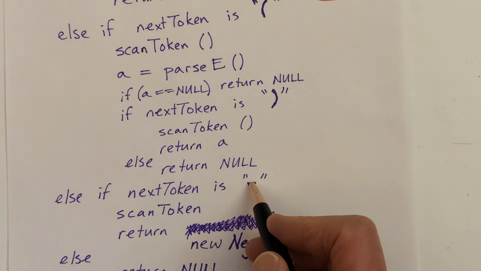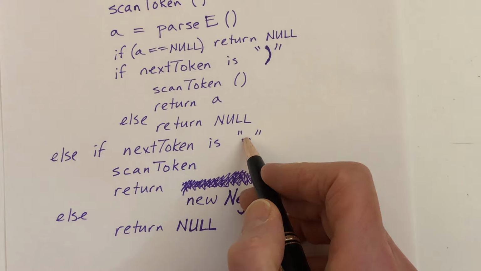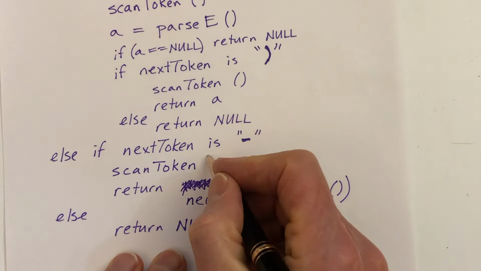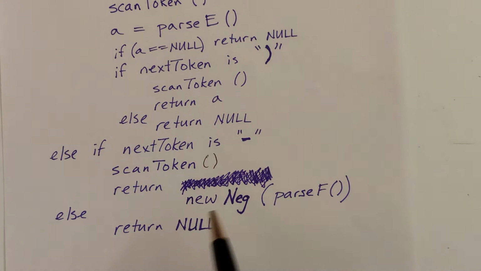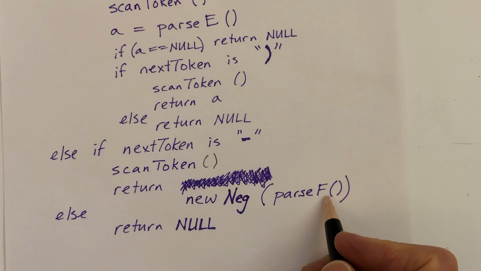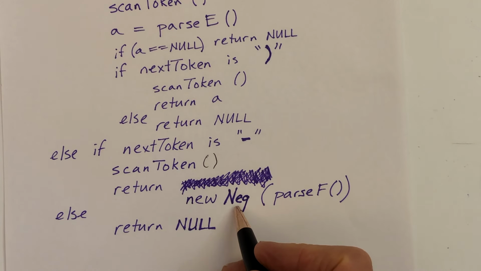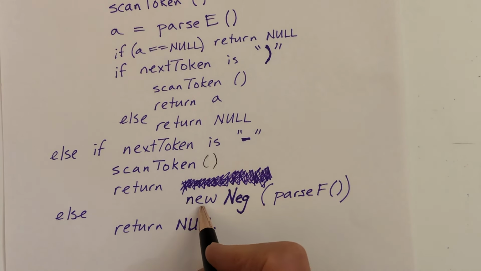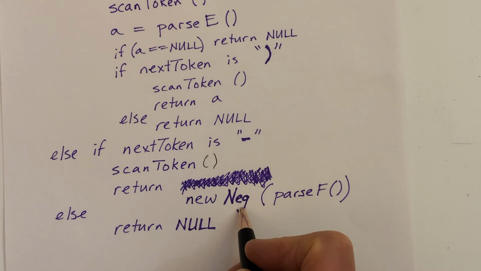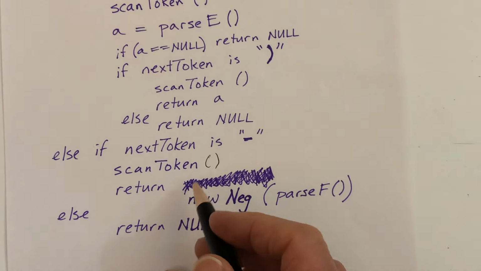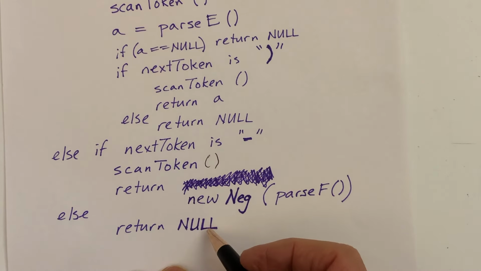Finally, if we saw a negation sign, then we pick it up, we scan it. Oh, I should put parentheses there. And then we call parse factor to pick up another factor, and then we build a new object. Here we're saying new, and we build a negate object whose argument will point to the factor that we just parsed. And if it's none of those things, then we return null.